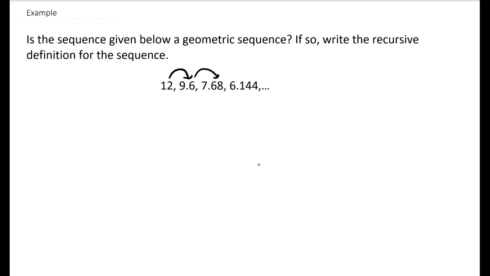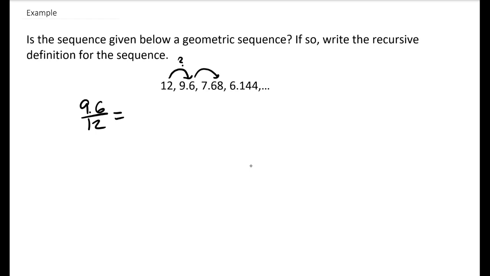So how do we go about doing that? Let's take the first question mark. We're going to take the 9.6 and divide it by 12, and that will hopefully give us our common ratio. Then we'll see if that number is the same throughout.